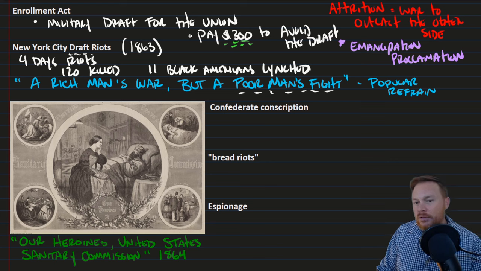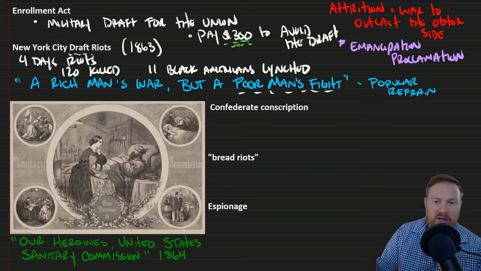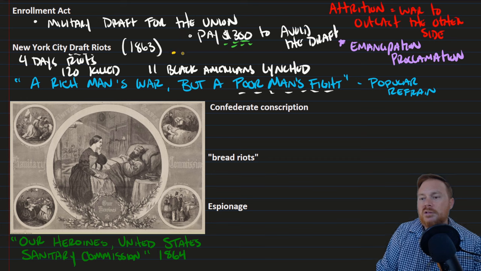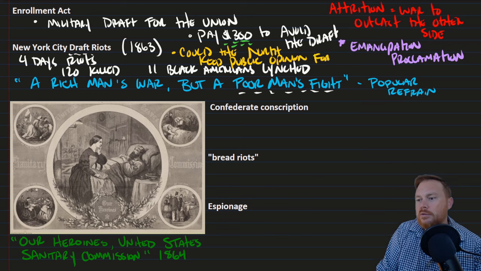And what this revealed was a very important threat to the Northern war effort. And that is to say that when it came to the Northern war effort, the question was, could the North keep public opinion for the war?